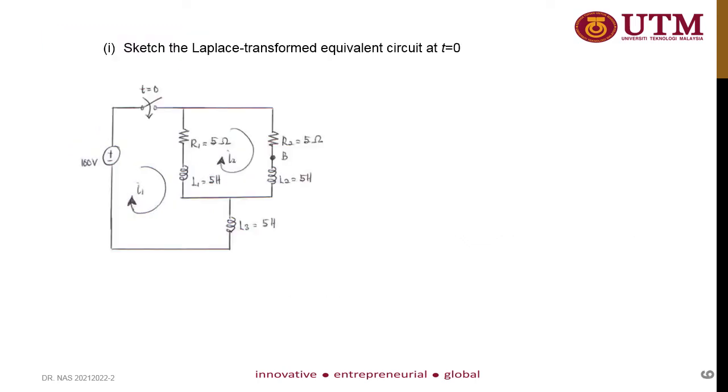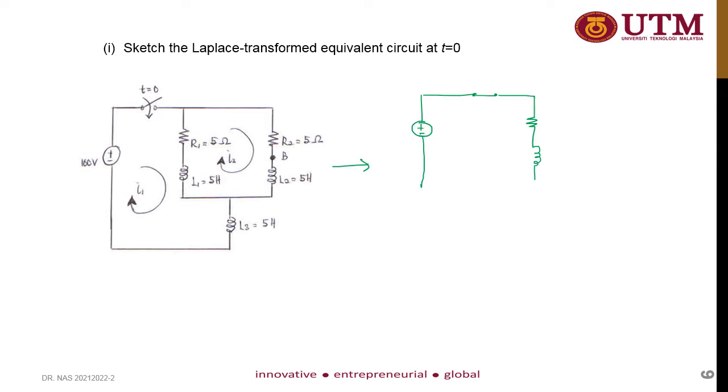Okay, let's look at the first question. Sketch the Laplace transform equivalent circuit at t equal to 0. So you need to convert all components to S domain. In this case, we'll be having the source, and then at t equal to 0 the switch is closed, and then you have the resistor, so R will be staying as it is.